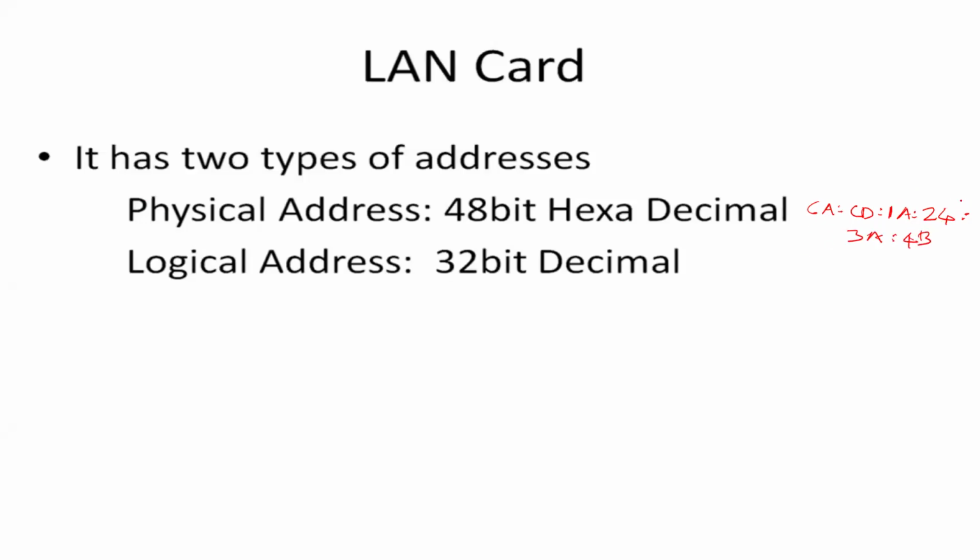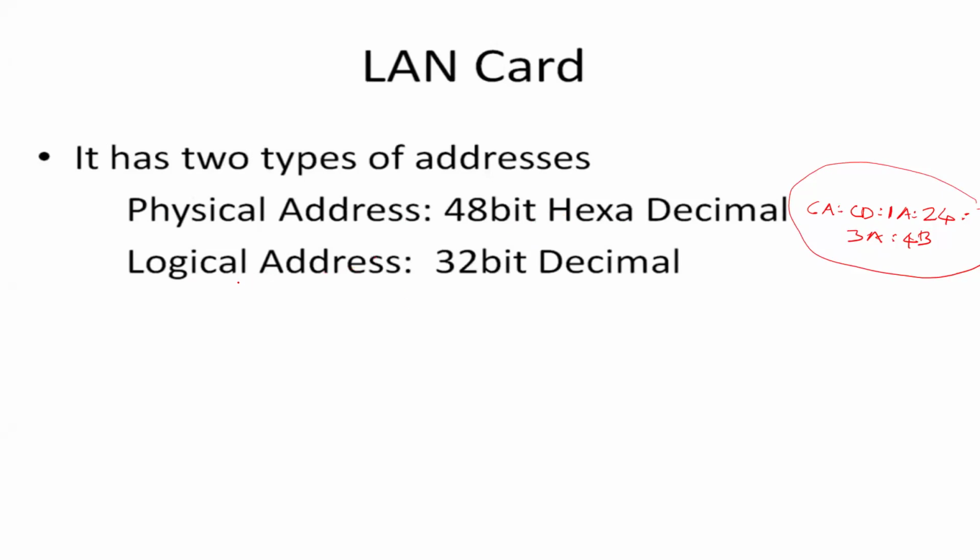It's a 48-bit hexadecimal address, can be represented in this way. And it's a unique address, so every LAN card would have a different MAC address. And it's a predefined address. We cannot give this MAC address. It's predefined.